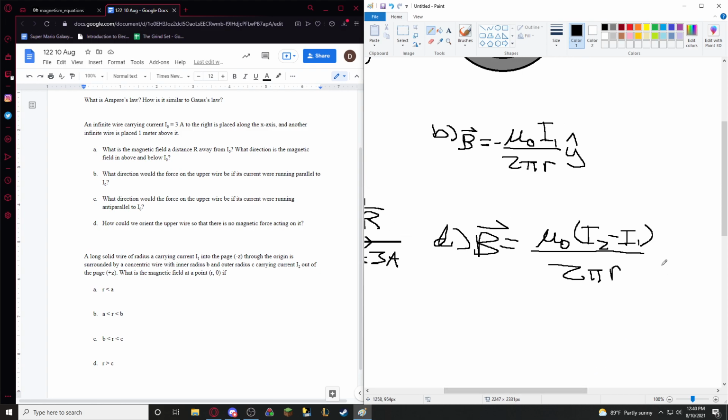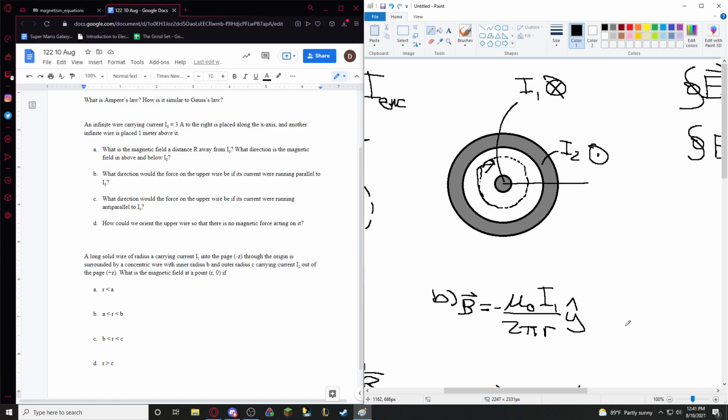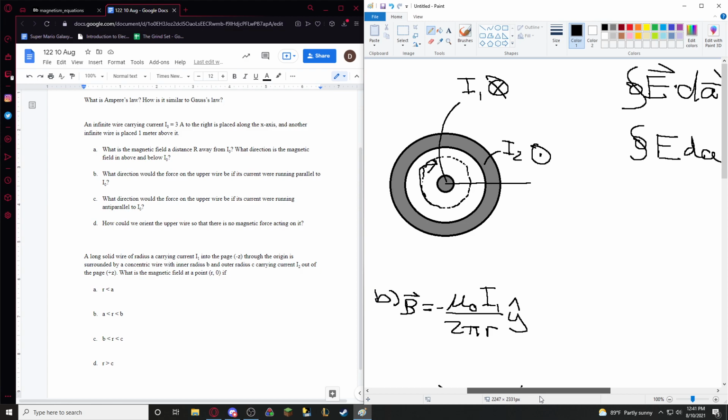I2 is going the opposite direction, so instead of into, it would be out of the page. That would be counterclockwise, so it should be going up. Up, sure. So positive y hat, since I2 is greater than I1. All right.